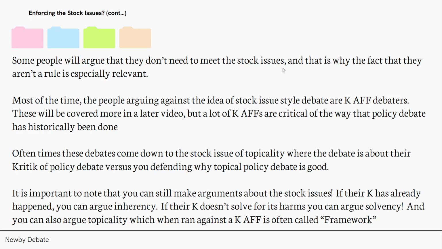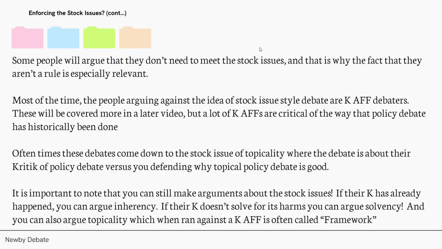Some people will argue that they don't need to meet the stock issues, and that's why they aren't a rule is especially relevant. A lot of the time, people arguing against the idea of stock issues are going to be defending what are called KAFs or critical affirmatives. I'm going to be covering these more in a later video, but they're oftentimes critical of the historical styles of policy debate that we're learning in these lectures. And so it's important to understand that not everyone will agree with these things that I'm telling you.